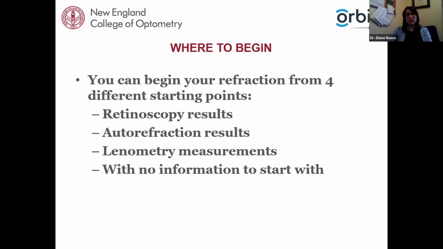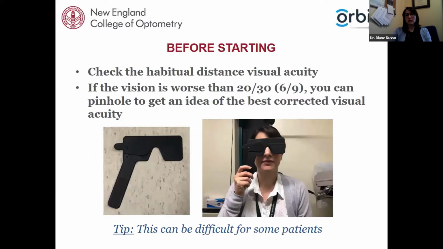If you don't have equipment at your disposal to get an objective measurement of the patient's refractive state, so you don't have a retinoscope, you don't have an autorefractor, the patient doesn't come in with any glasses, so you're sort of starting from scratch. So these are the four, I think, most common starting points that I've interacted with in my clinical experience. And we'll talk a little bit about how to manage starting from each of those points.